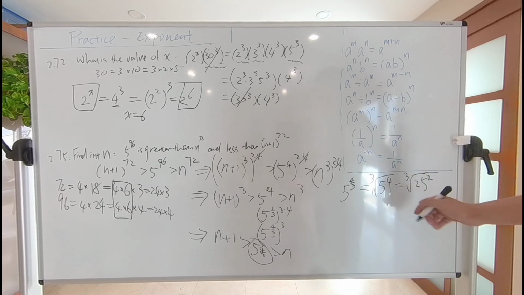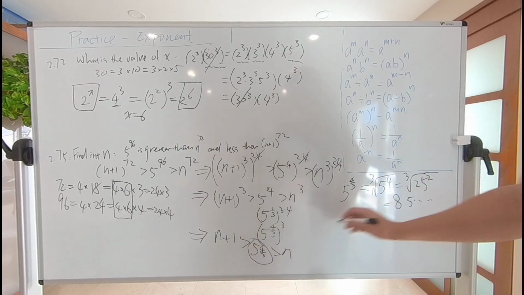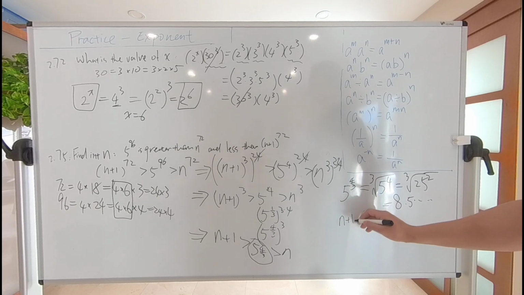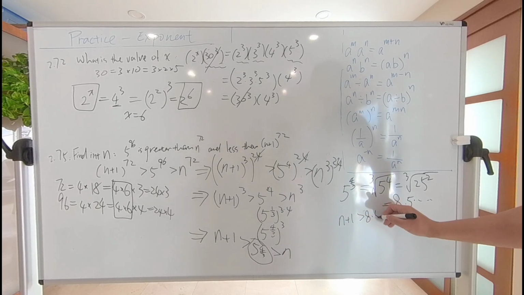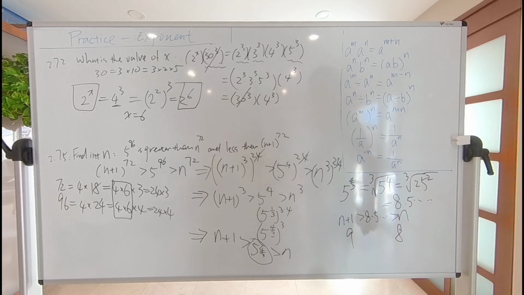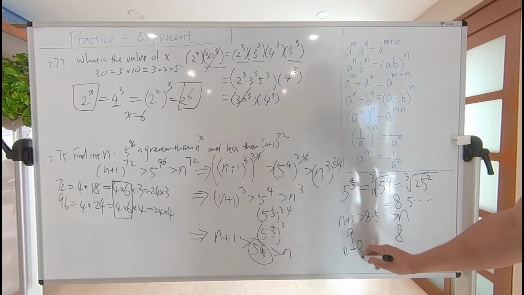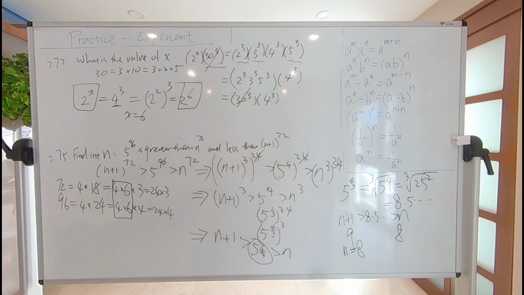Up to here, I'm just using the calculator to get the number, which is 8.5 something. So then the integers between which this number lies would be 8 and 9, right? So this means n equals 8.